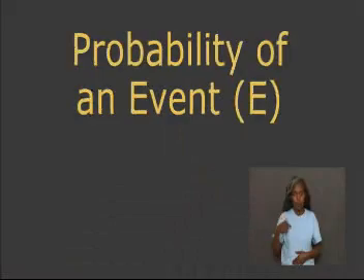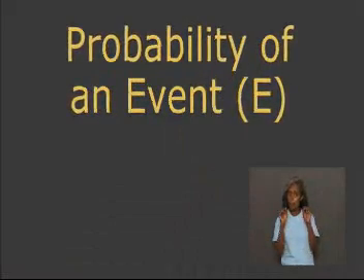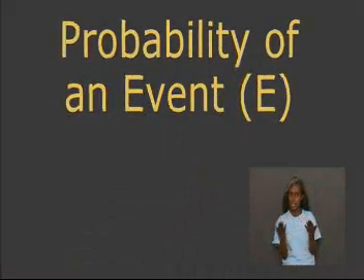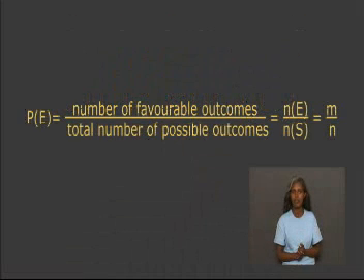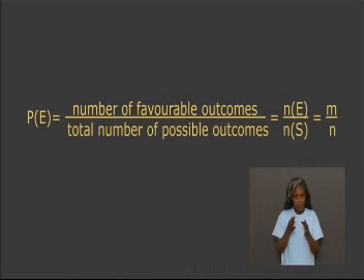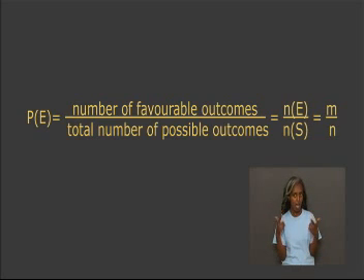We call this probability of an event. If an event E can happen in M ways out of N equally likely possibilities, we can find the probability of the occurrence of an event E like this.